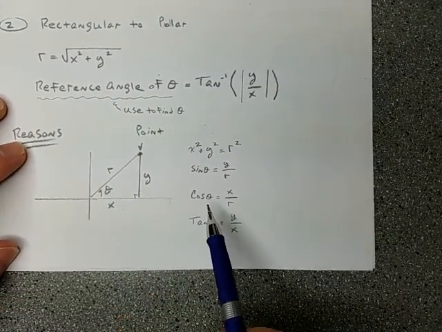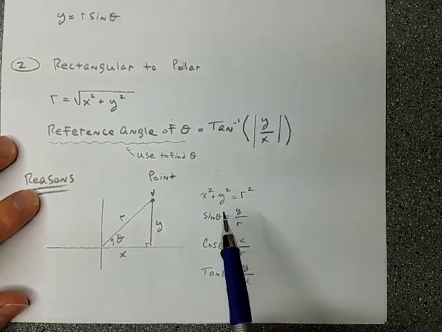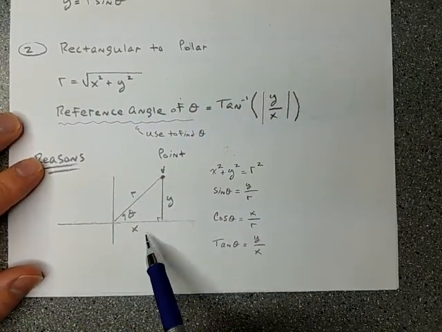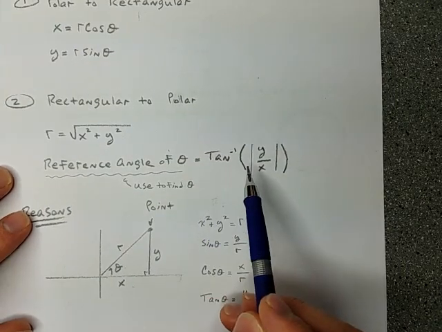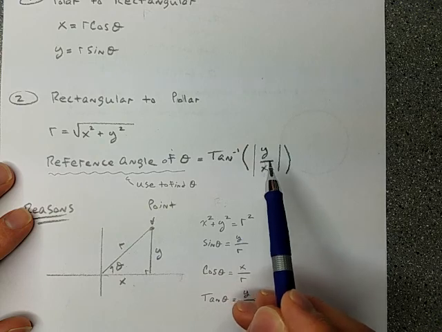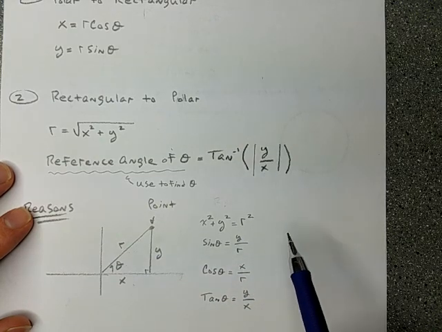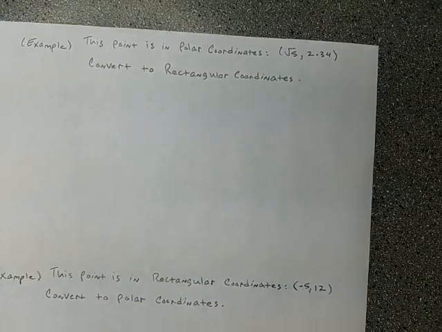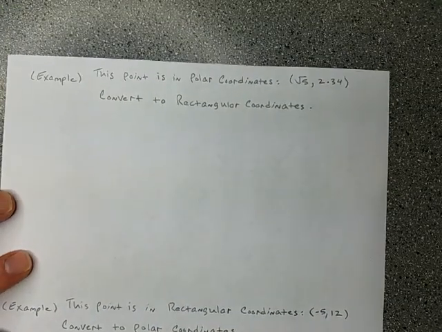Cosine theta is x over r, so you can see why x is r cosine theta. And tangent theta is y over x, so you can see why we could get the reference angle from theta as tangent inverse y over x. All right, so there are our formulas that we'll come back to throughout the rest of the video.